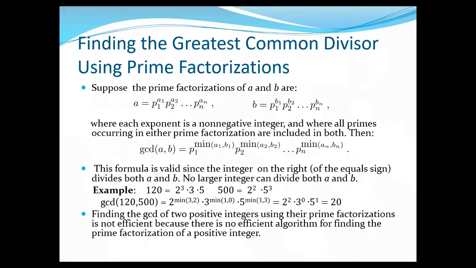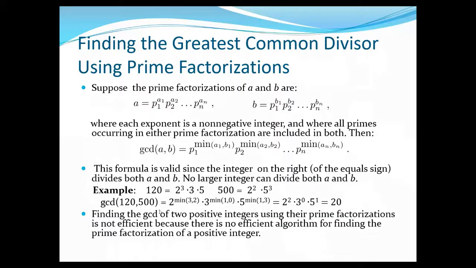To get the GCD, we get all the prime factors of both given numbers. So we have 2, 3, 5, and here 2, 5. So we're just going to combine all the prime factors of the given. 2, 3, 5.